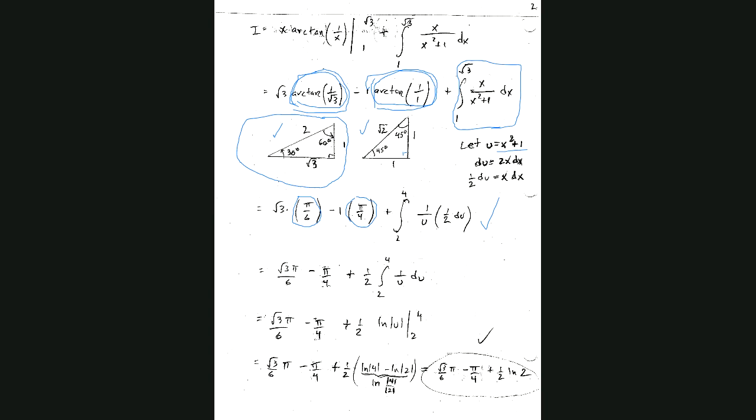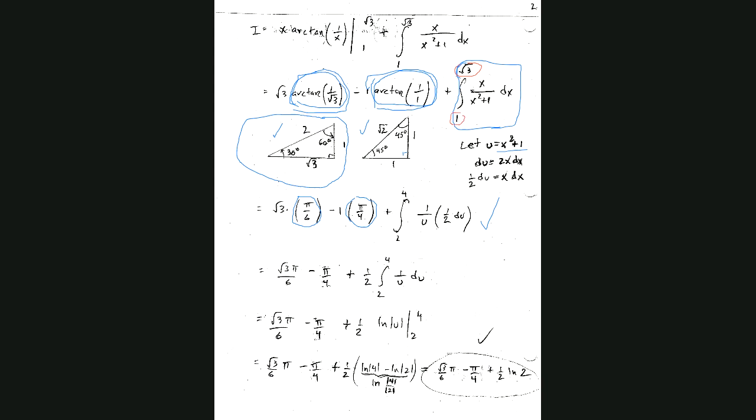All right, well, of course, we did a substitution. On this integral on the right, we let u equal x squared plus 1. That means our x limits of root 3 and 1 get transformed.